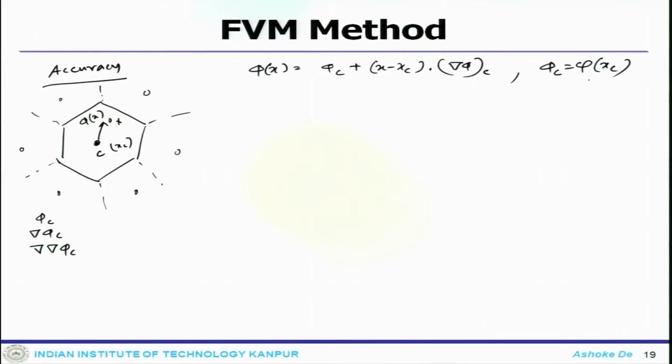How do you get the spatial variation? First you look at the spatial variation.